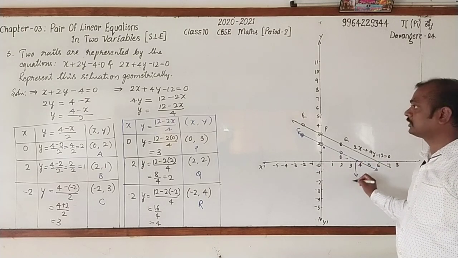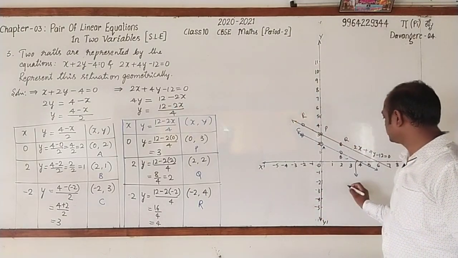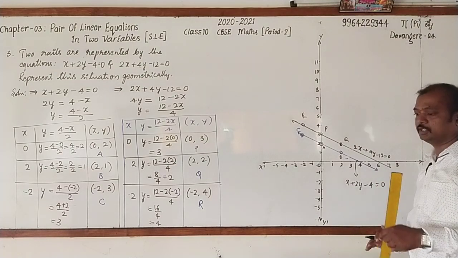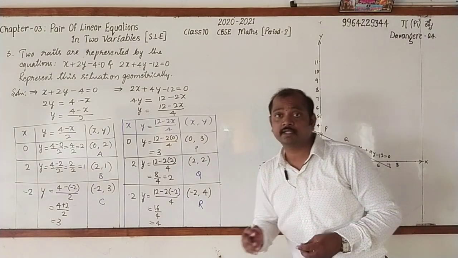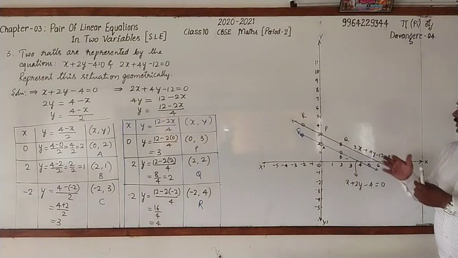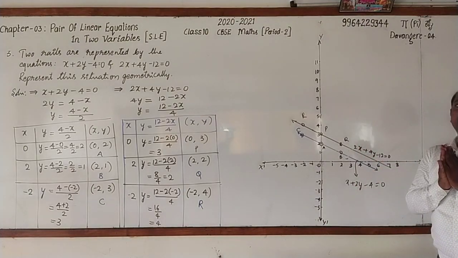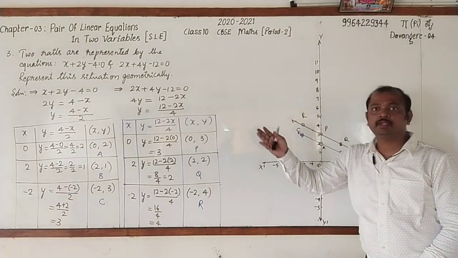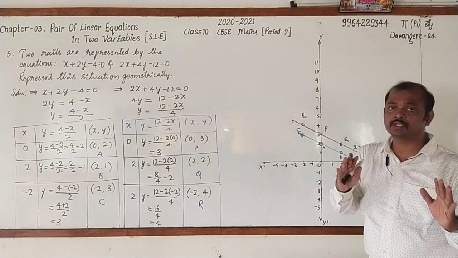And this is the graph of the first equation, x plus 2y minus 4 equal to 0. Do they intersect at any point? No. If they do not intersect at any point, then you can say that the lines are parallel. If the lines are parallel, we can also say that the given equations have no solution.